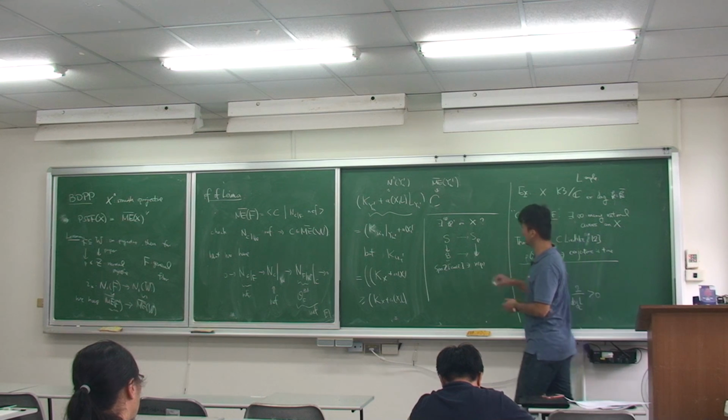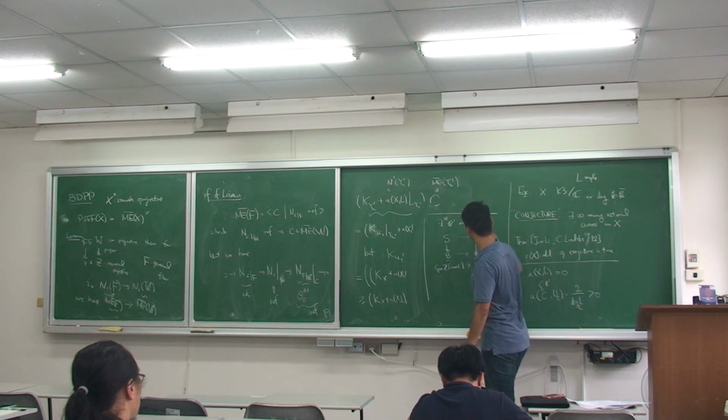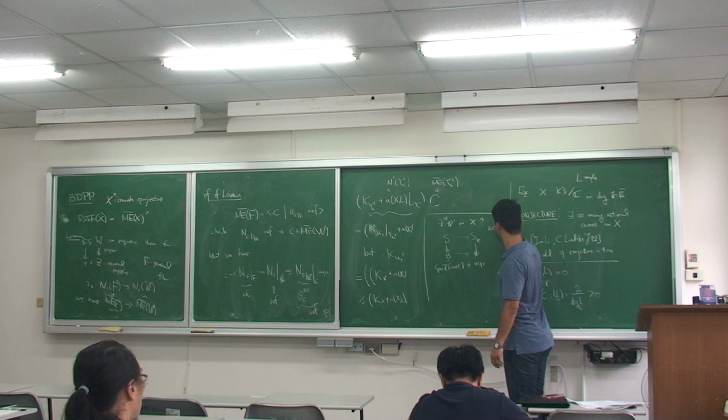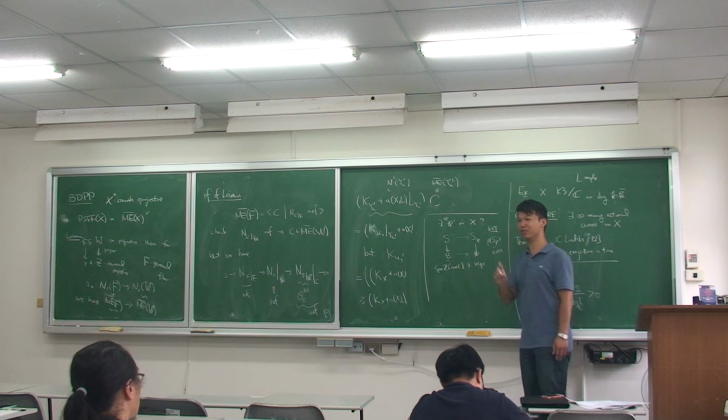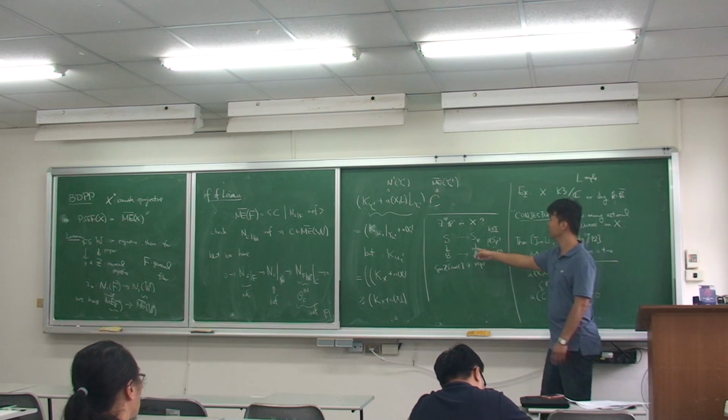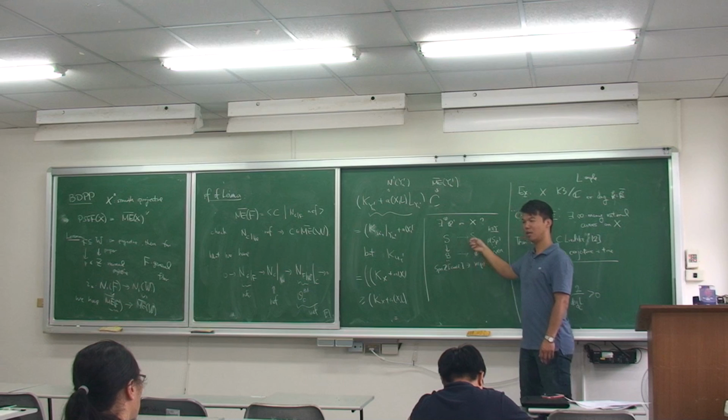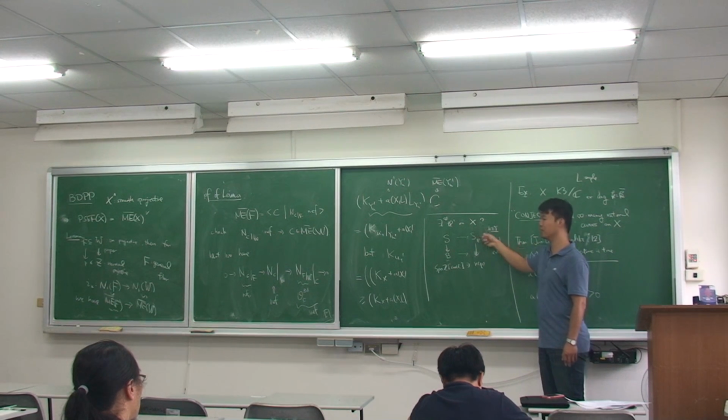So now the key point is that after mod p reduction, the Picard number is even. This is weird. Even if you start with Picard number 1, after mod p reduction, this must have even Picard number. So over positive characteristic, you have more line bundles.